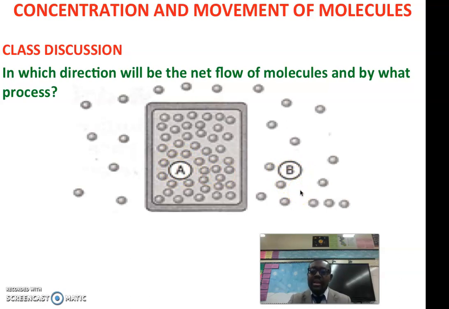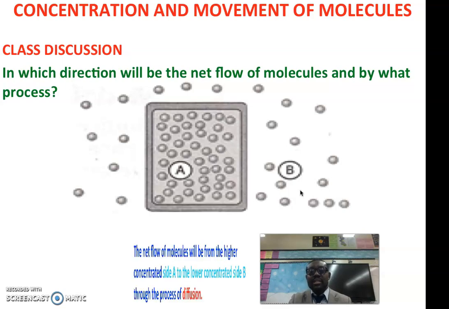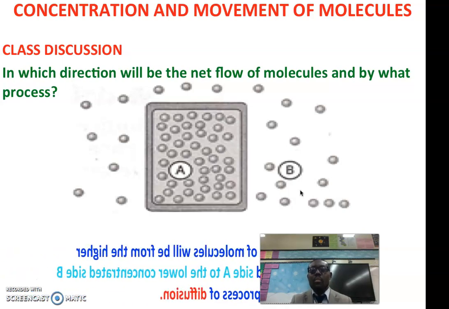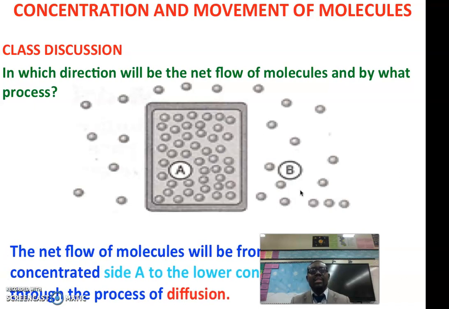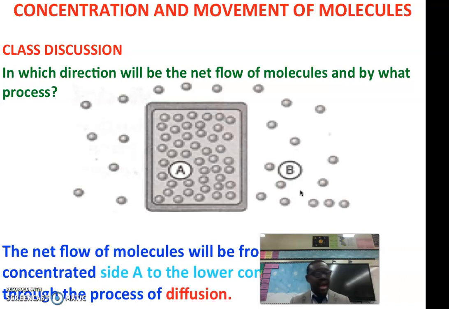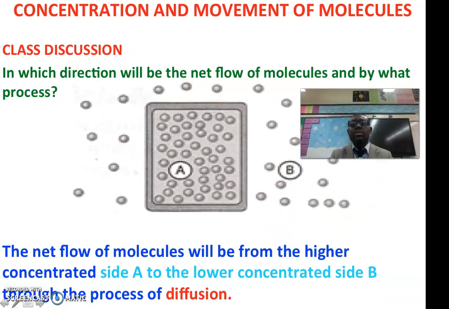Based on the concentrations, the net flow of molecules will be from region A, which is at a higher concentration, to region B, which is at a lower concentration. And the process is diffusion. Diffusion is the movement of molecules from areas of higher concentration to areas of lower concentration.